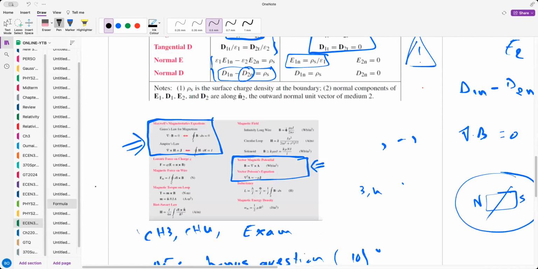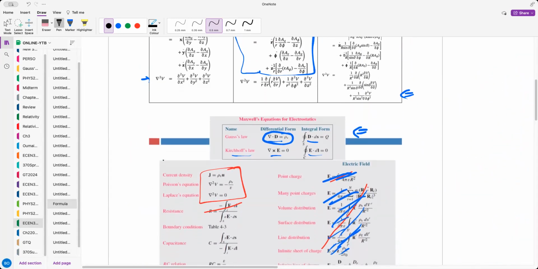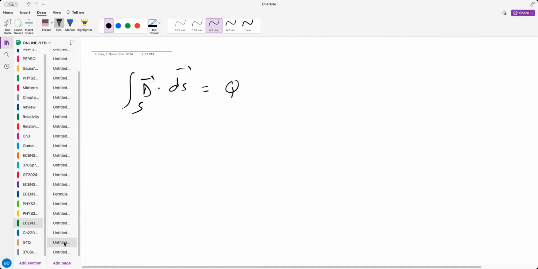Now, if I go to the formula, so according to Noor, we can integrate over the volume. But if you want to integrate over the volume, you need to calculate the volume charge density, because the volume charge density will give you the charge over the volume, right? Right, Noor?